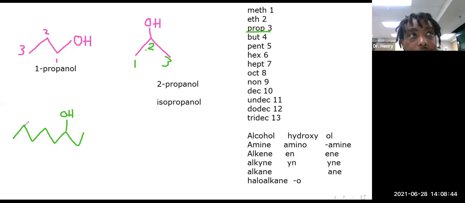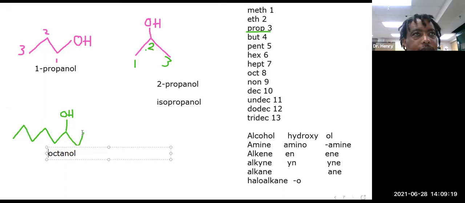So that's 1, 2, 3, 4, 5, 6, 7, 8. So it's octa. Are there any double bonds? No, it's only single bonds. Okay, so octane, and then it has an OH. So we put what at the end? OL. Okay, now where is that OH located?